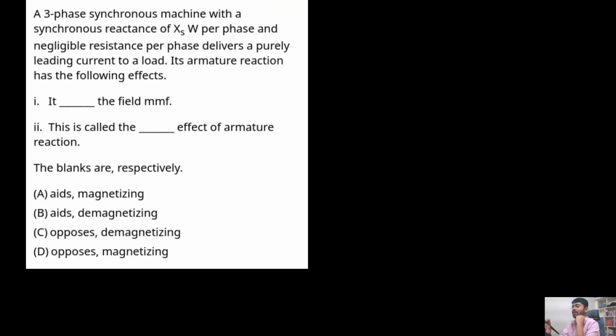A three-phase synchronous machine with a synchronous reactance excess per phase and negligible resistance per phase delivers a purely leading current to a load. Its armature reaction has the following effect. So what they are saying is a synchronous machine.